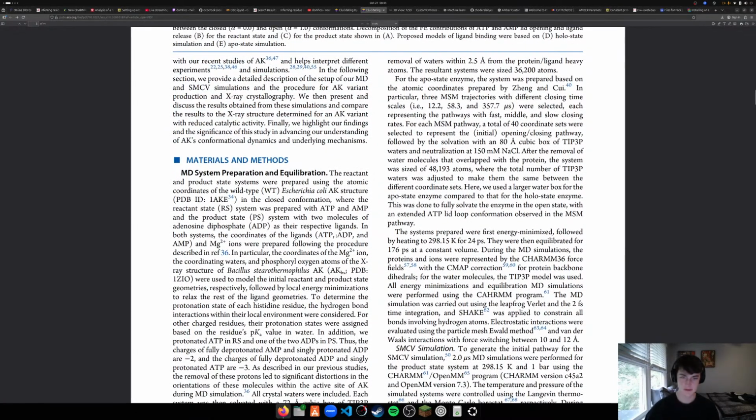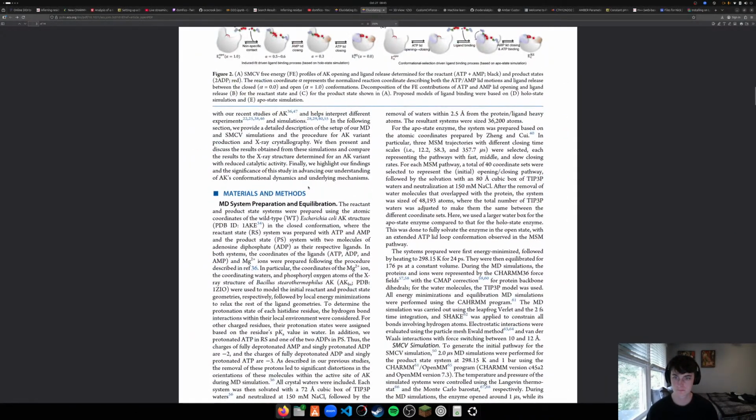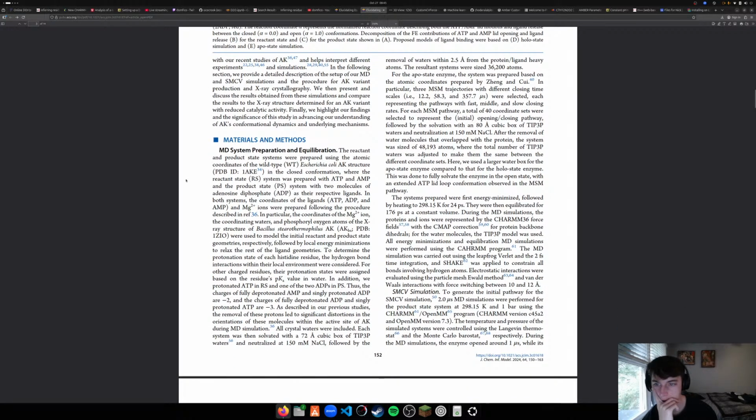All right. Materials and methods. The reactant and product state systems were prepared using atomic coordinates for wild type and closed conformation, where the reactant state system was prepared with ATP. Okay.